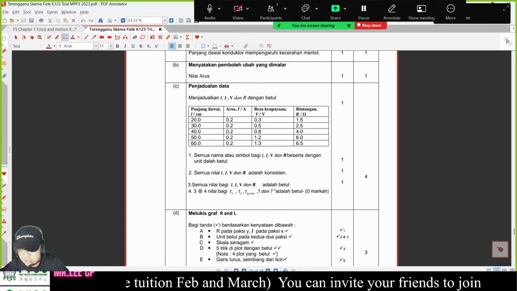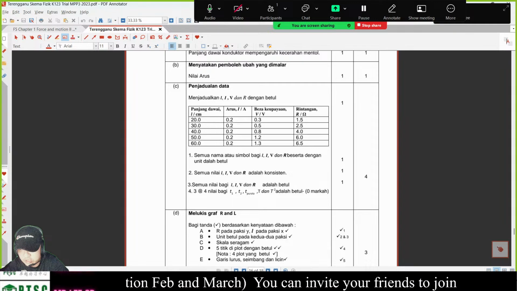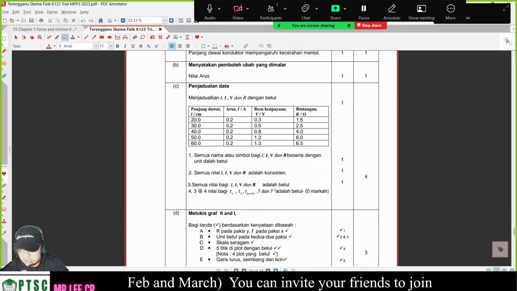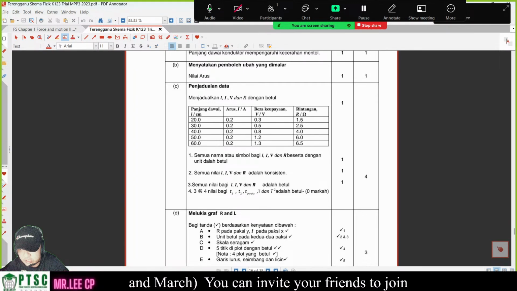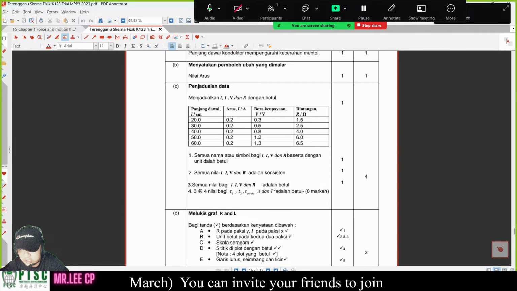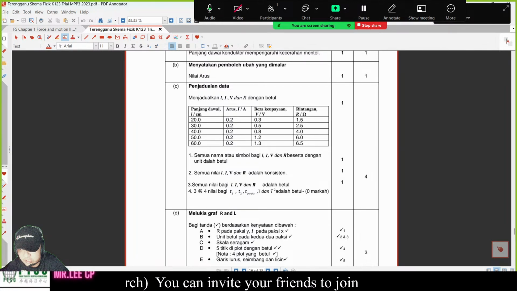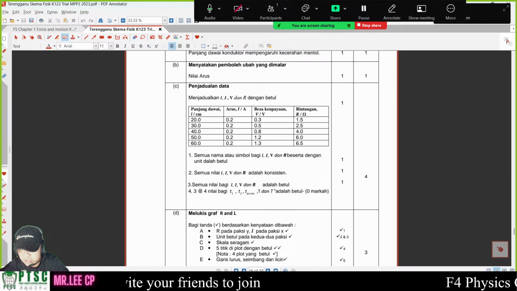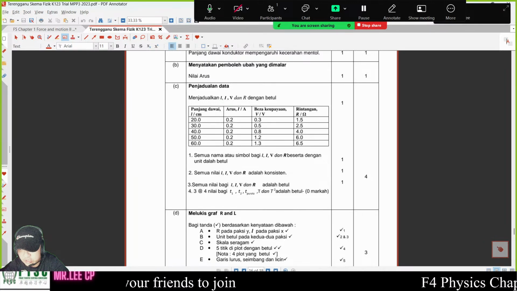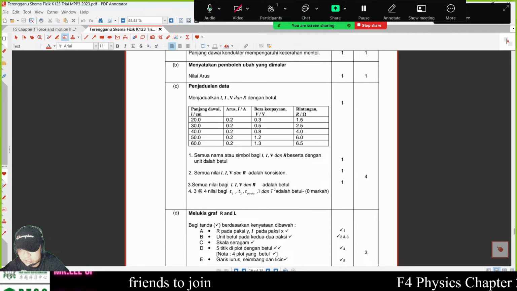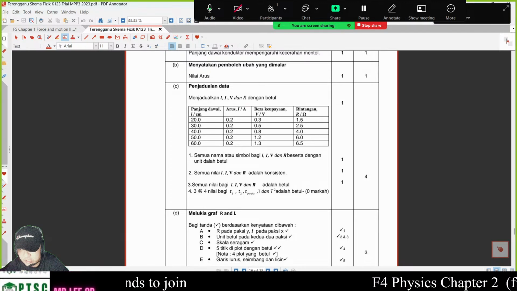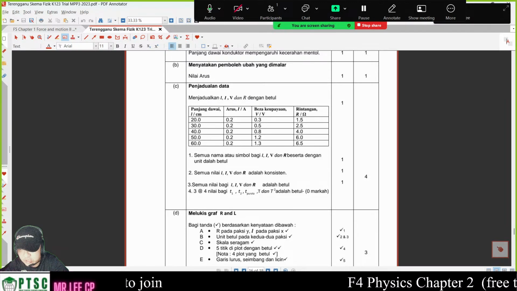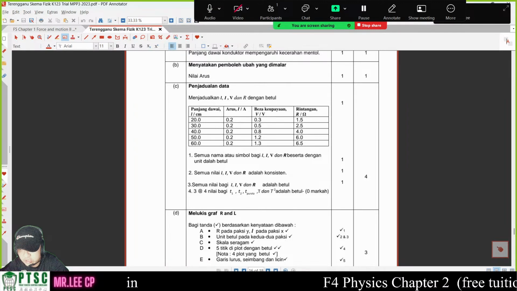If you want to write, then write. If you don't want to write, there is no need to write. Like what I told you, no need. If this one is long, you take a lot of space. This one has to be 1 decimal because it is a ruler. L length is from a ruler. So 0.2, 0.2 consistent, 0.3, 1 decimal consistent. They will say all names or symbols for L, I and V with units correctly, 1 mark. All values are consistent, meaning all 1 decimal.